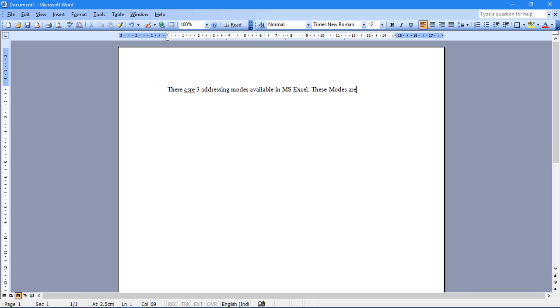These modes are relative addressing mode, absolute addressing mode, and mixed addressing mode.